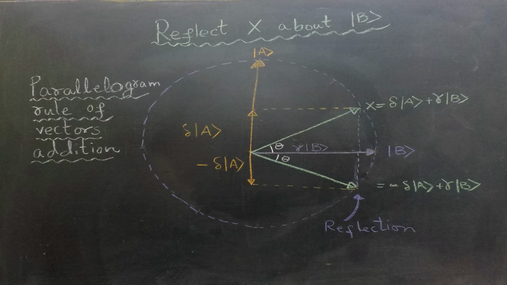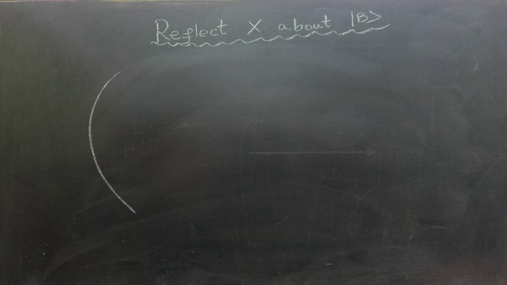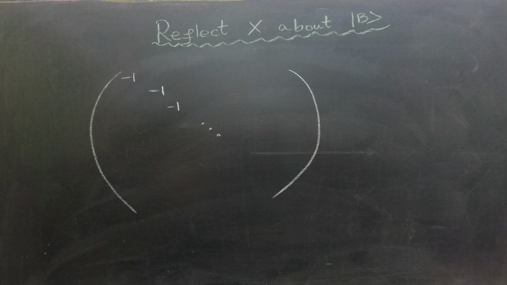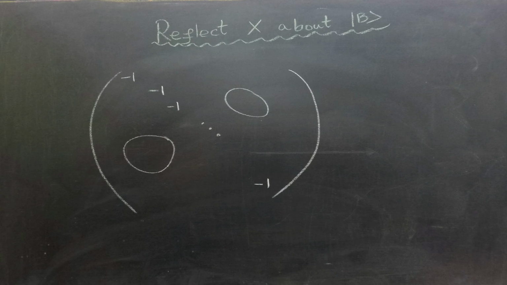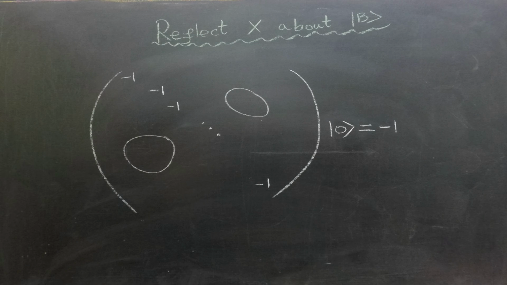We have seen graphically what we want to achieve to create reflection about ket B. But how can we achieve this reflection using a matrix transformation? Let's consider a matrix with diagonal entries being -1, while the rest of the entries are all zeros. When we multiply this matrix with ket 0, the result becomes minus ket 0. This is due to the minus at the 0th location on the diagonal.